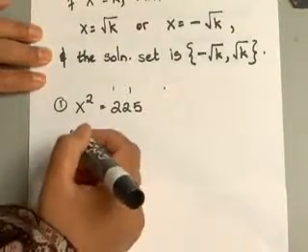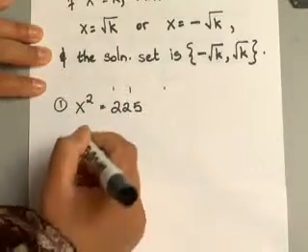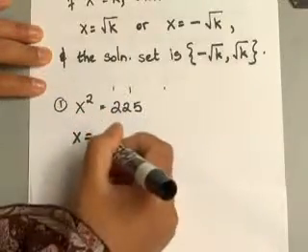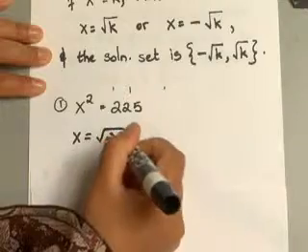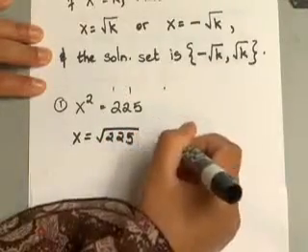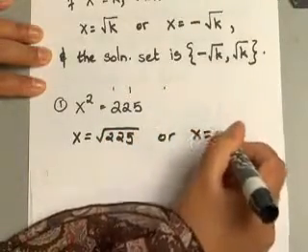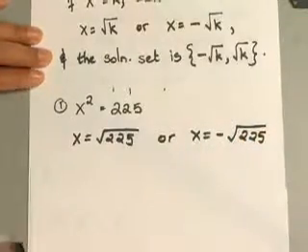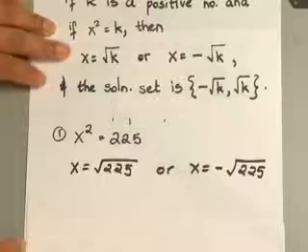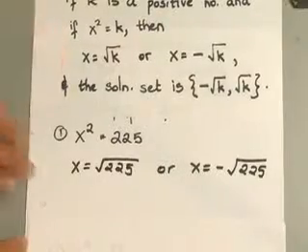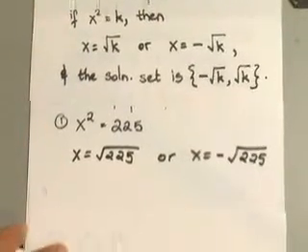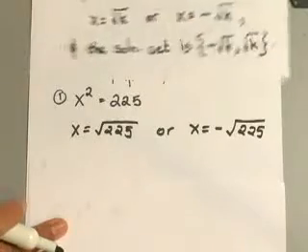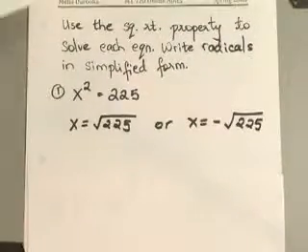So we'll say x can equal positive square root of 225, or x can equal negative square root of 225. Just like what your definition for the square root property says, we're doing the same thing here. And what will be the square root of 225?